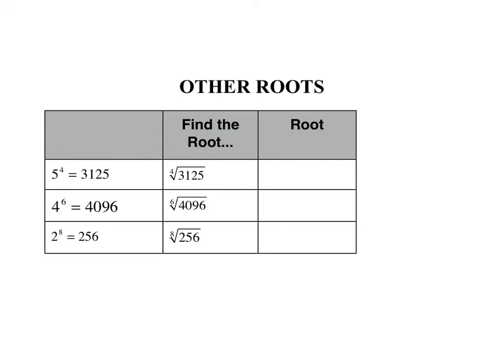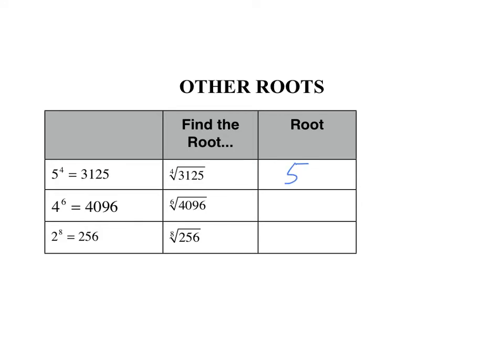Here are more examples of various bases going to different powers. So we've got 5 going to the power 4, getting this big value here. So we can reverse that process, start with the big value, take the 4th root of it, notice that matches the power that the 5 was raised to, and then we get back to the root of 5.